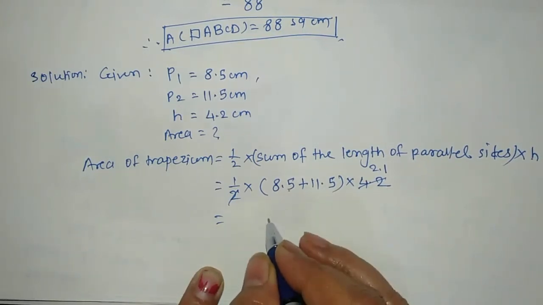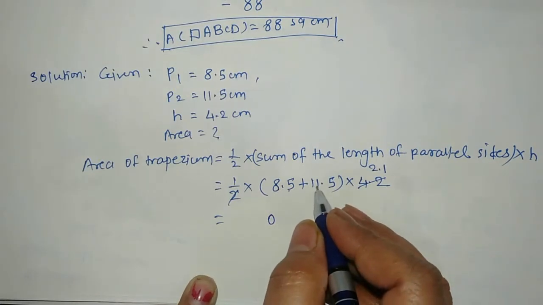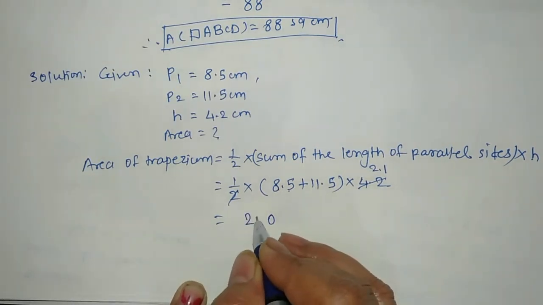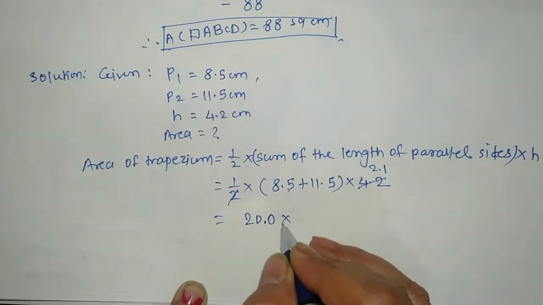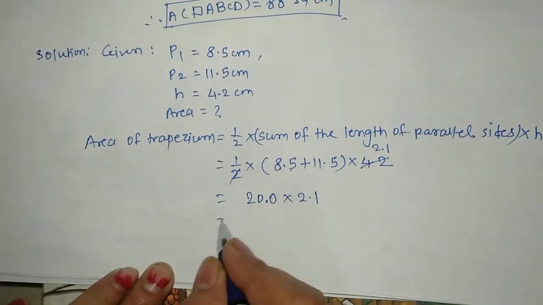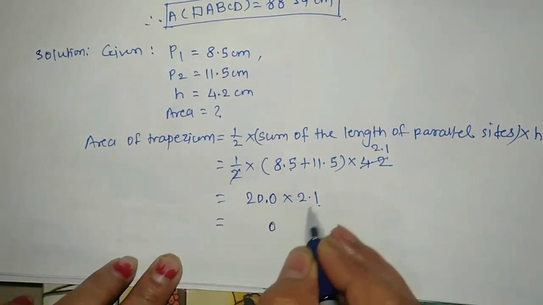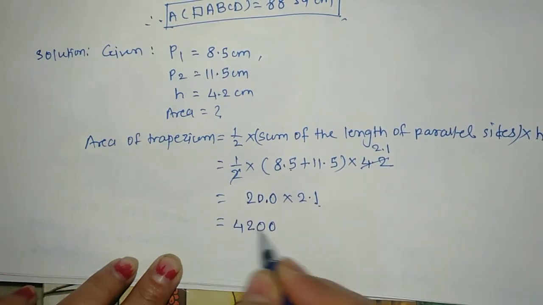Take the addition. 5 plus 5 is 10, carry 1. 8 plus 1 is 9. 9 plus 11 is 20. 20.0 multiply by 2.1. So 21 zeros are 0, 21 zeros are 0, 21 twos are 42.